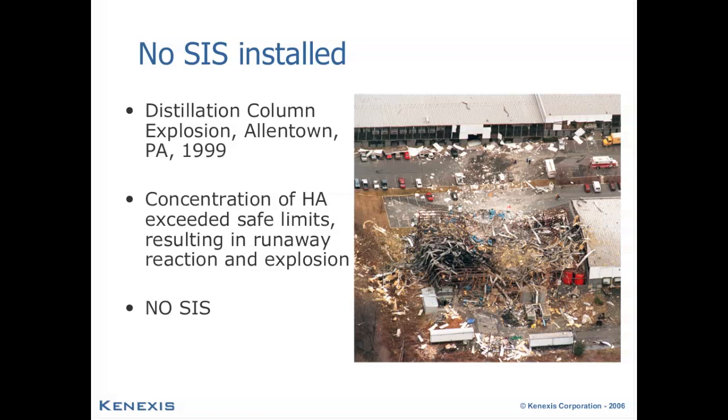There were no systems in place that automatically detect an out-of-control process condition and shut the process down. And in this case, the incident occurred because of an overconcentration of this highly reactive chemical, a concentration beyond the safe operating limits.